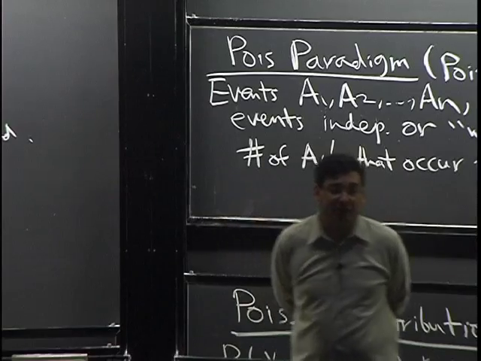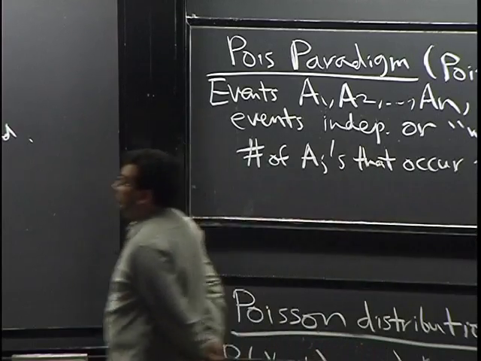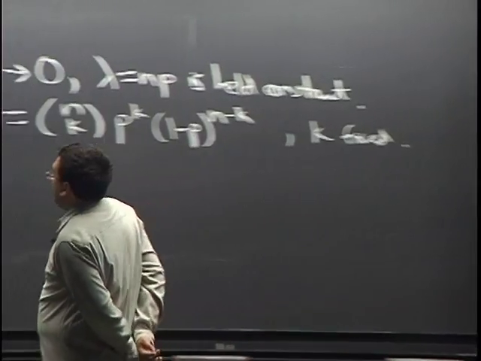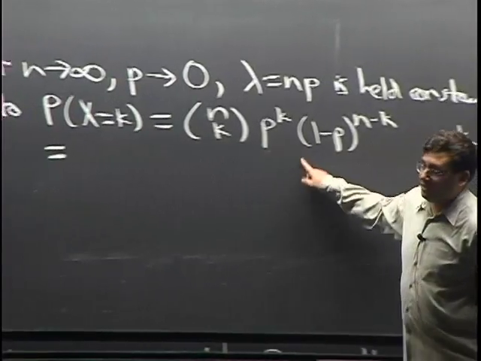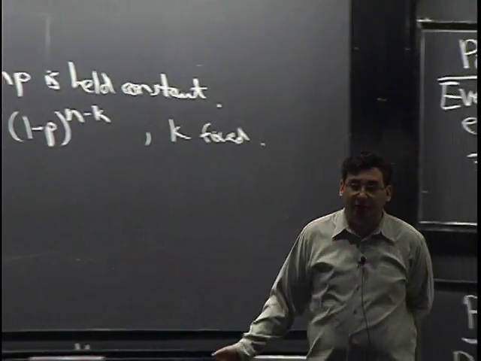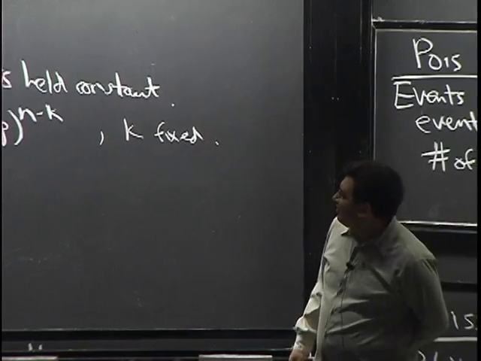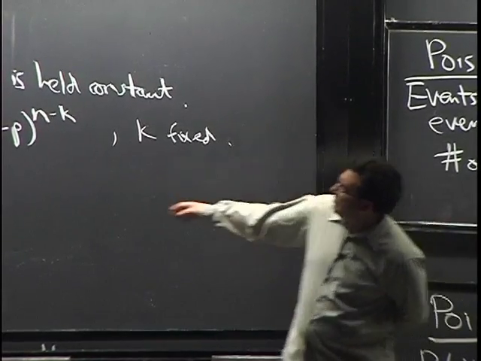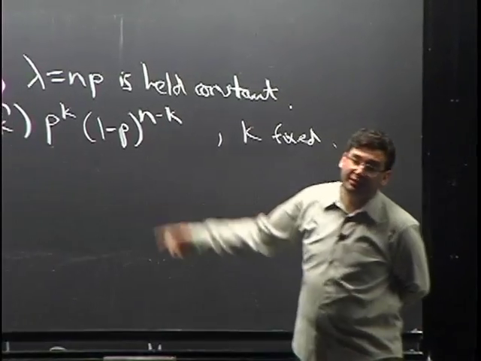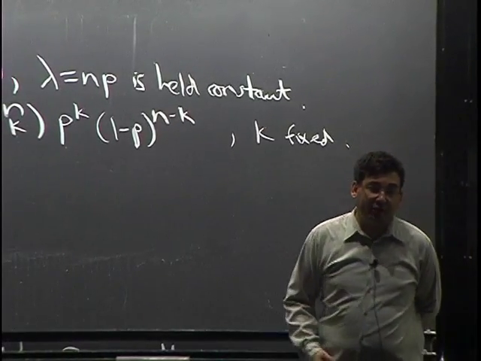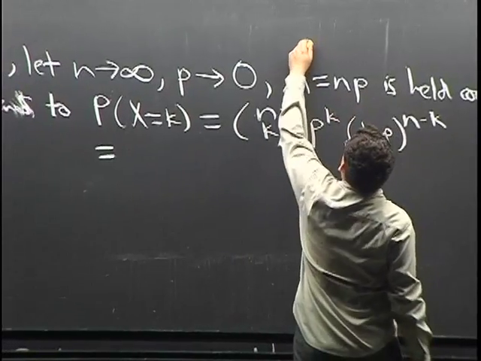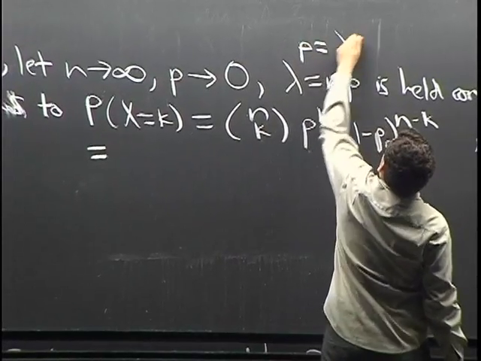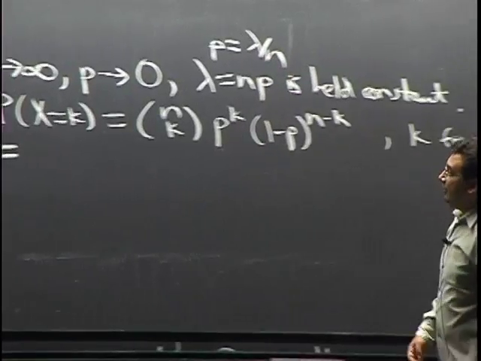So we're letting k stay constant. All right, so that's what we want to do. And then at this point, we just need to do some algebra and a little bit of calculus. So right now this is written as a function of p and n. It's going to be easier to deal with if we get everything in terms of n. And so conveniently, we have p equals lambda over n, so we can write everything in terms of n.